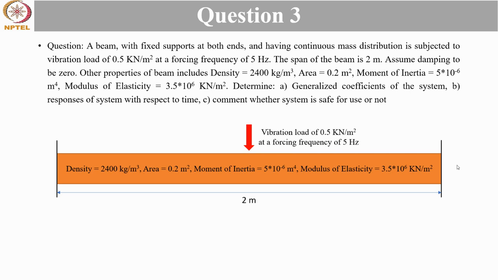Other properties of the beam include density equal to 2400 kg per meter cube, area is 0.2 meter square, moment of inertia is 5 into 10 to the power minus 6 meter to the power 4, modulus of elasticity is 3.5 into 10 to the power 6 kilonewton per meter square. We need to determine the generalized coefficients of the system, the response of the system with respect to time, and comment whether the system is safe for use or not.